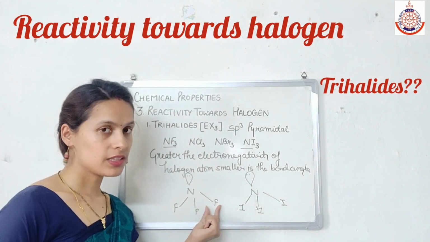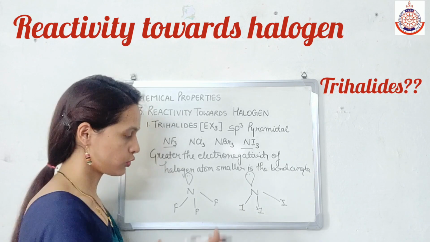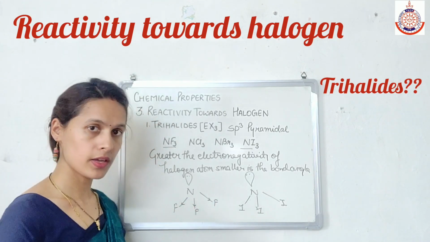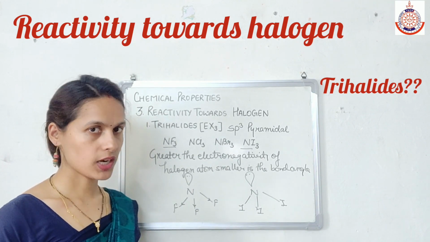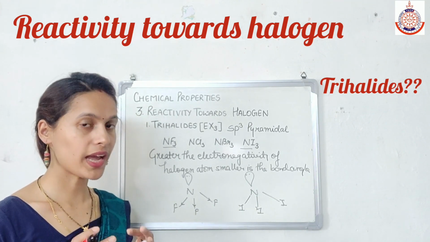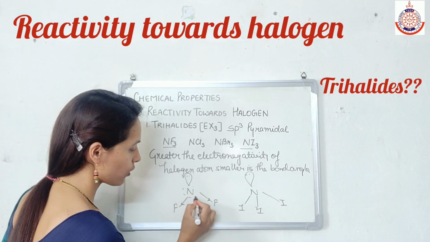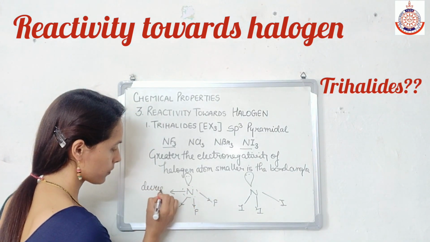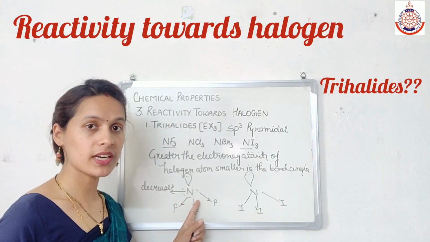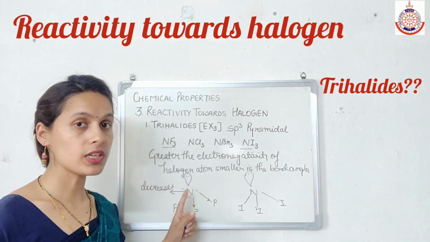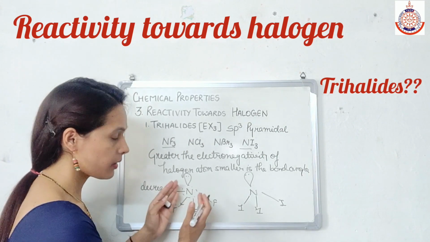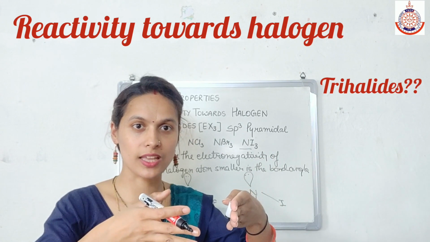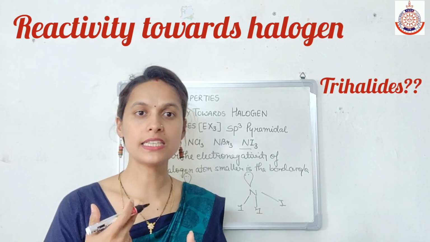Now, fluorine is more electronegative than iodine. So fluorine attracts the shared pair of electrons towards itself. As a result, the electron cloud around the nitrogen decreases, and due to the decrease in the electron cloud, the two bonds come close to each other, as a result of which bond angle decreases.